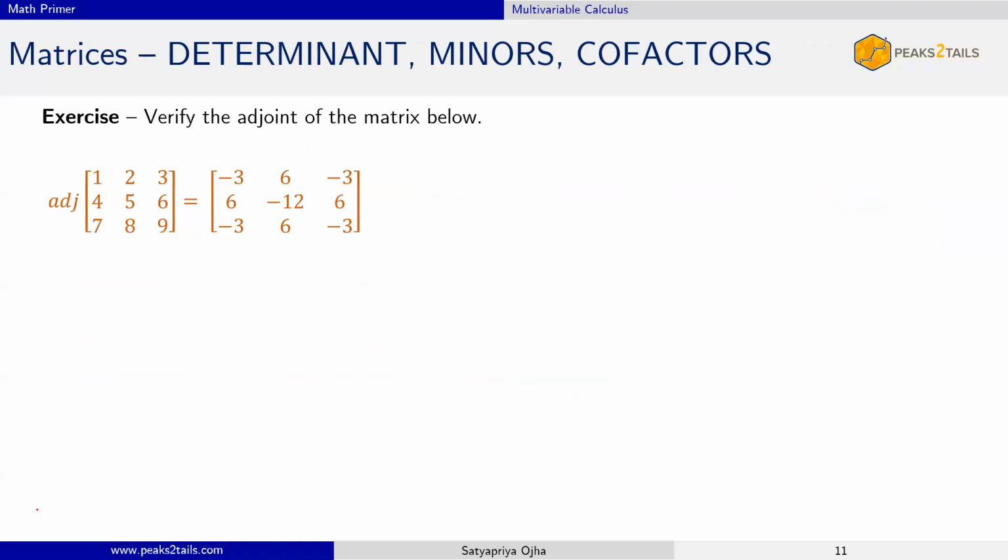Oh, here is an exercise. Should we do it, or do you want to try it? Show that the adjoint of this matrix is this. I'll do it. Okay, let's do it. So if you look at it, what is adjoint? Adjoint of A is the matrix of cofactors, transpose.